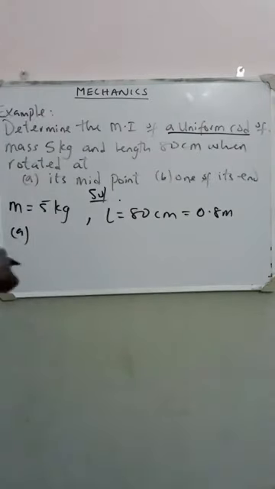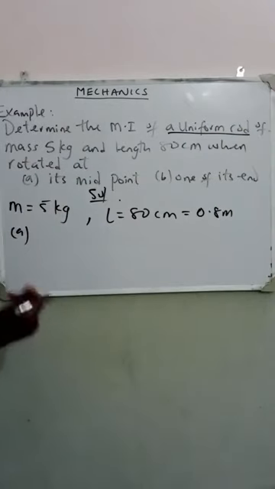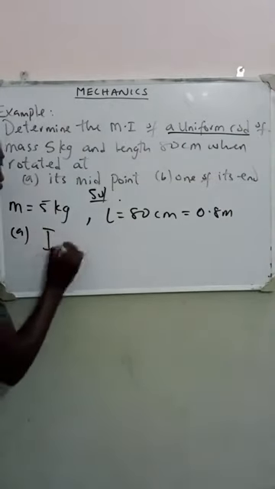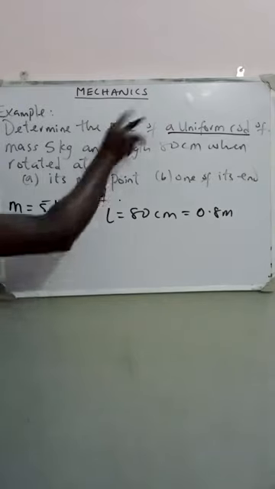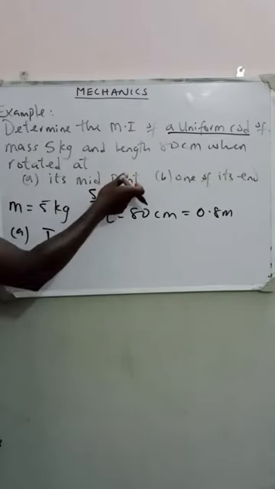Now, let's go back to our table. What is the formula for the moment of inertia of a uniform rod rotated at its midpoint?